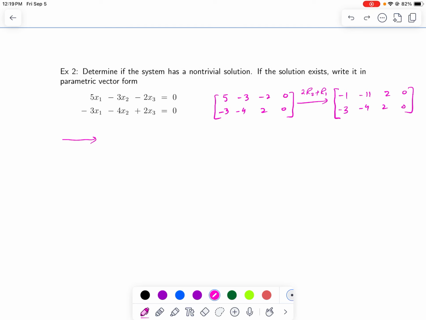What do I do? I can multiply the first row by -3 and add, or I could first multiply row 1 by -1. So now multiply row 1 by 3 and add into the second row.